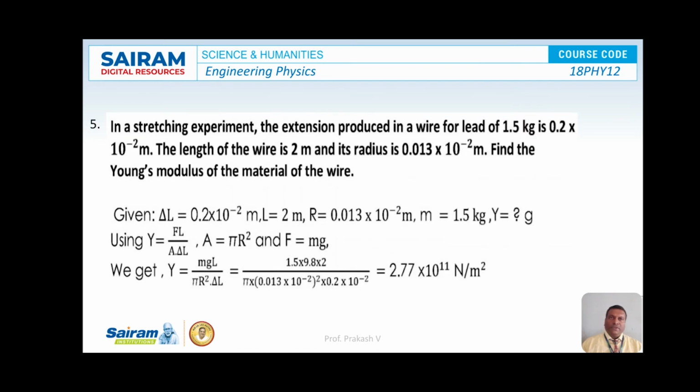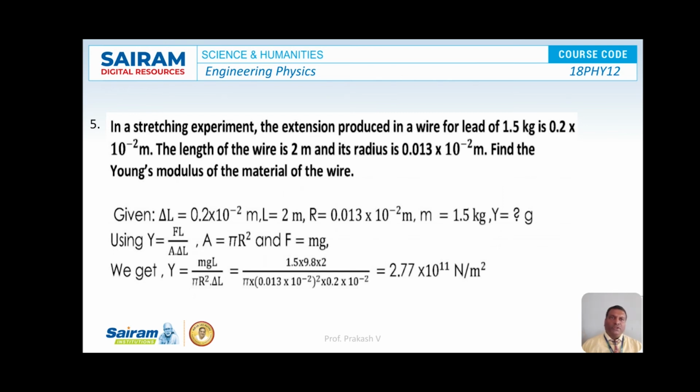The fifth problem is, in a stretching experiment, the extension produced in a wire by a load of 1.5 kg is 0.2 into 10 to the power of minus 2 meter. The length of the wire is 2 meter and its radius is 0.013 into 10 to the power of minus 2 meter.